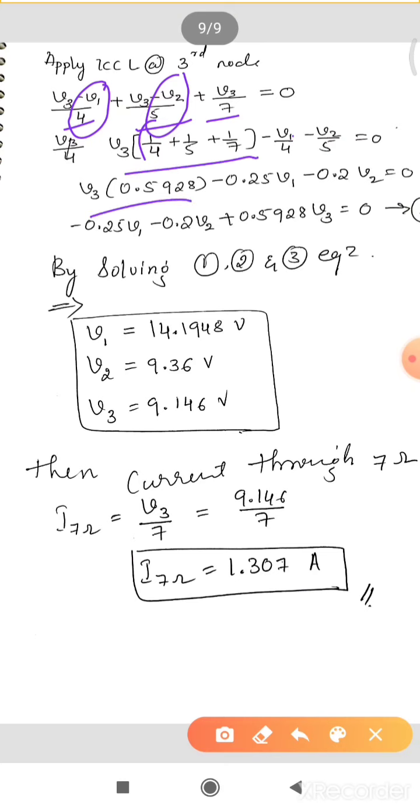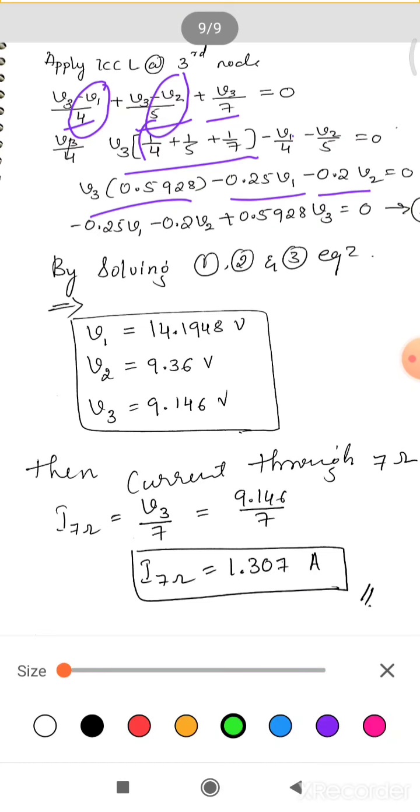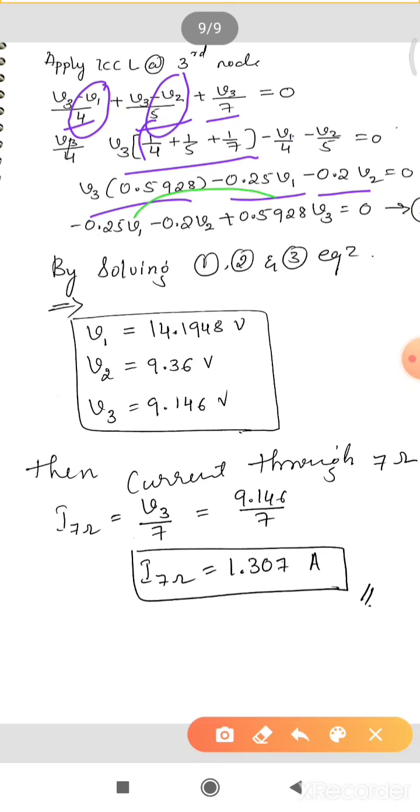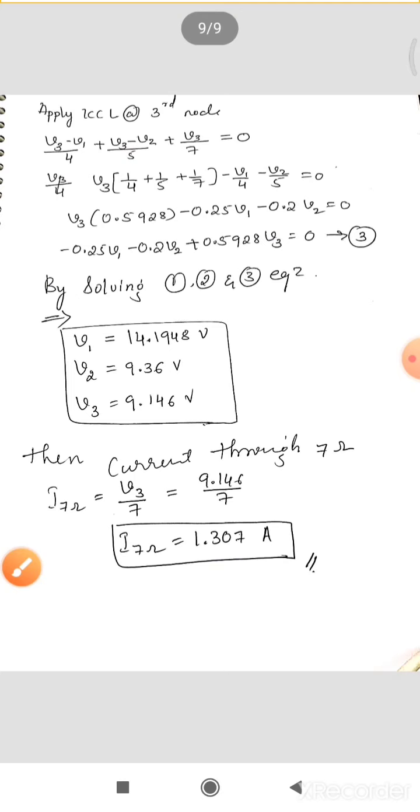Simplify this, you get 0.5928 V3 minus 0.25 V1, 1 by 5 is 0.2, V2 equal to 0. Rearrange the terms, V1 first, V2 next and V3 next. So that is minus 0.25 V1 minus 0.2 V2 plus 0.5928 V3 equal to 0. So this is your third equation.